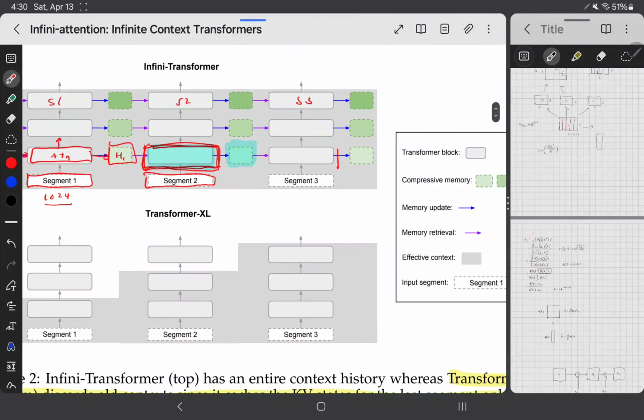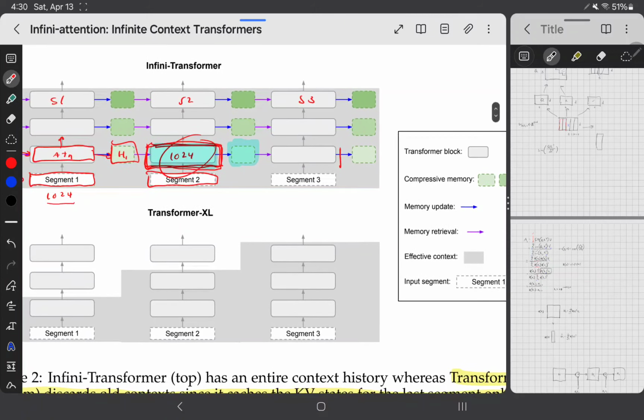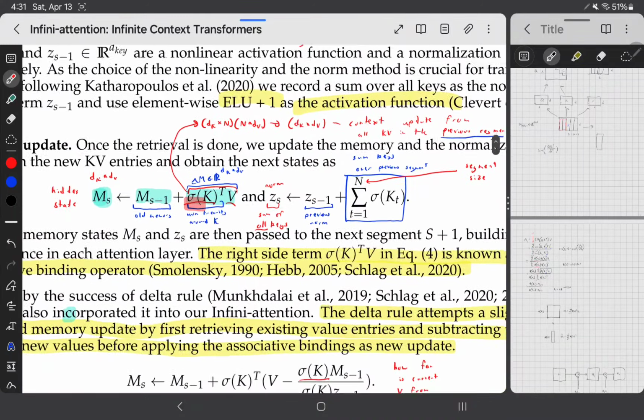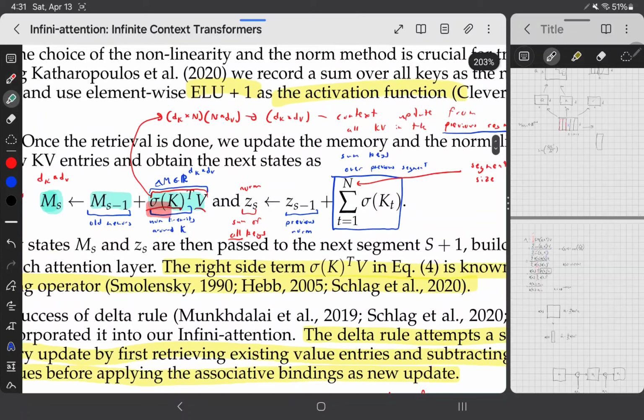So this hidden state is going to be updated for all 1024, or n tokens, in this segment at one time. So you take the past hidden state, you update it with all these tokens, and then you get the next hidden state. You're not updating it one token at a time, you're updating it a segment at a time. And this is why they formulated it like this outer product here.